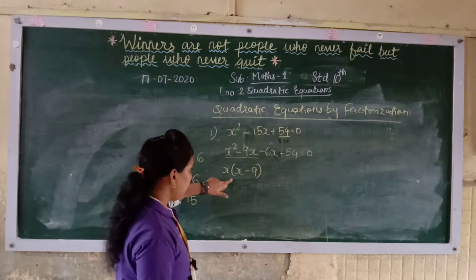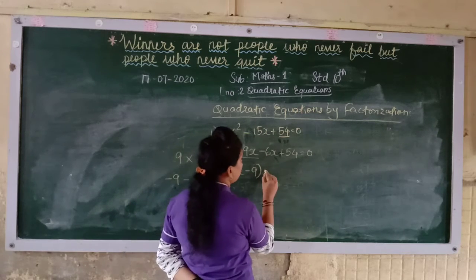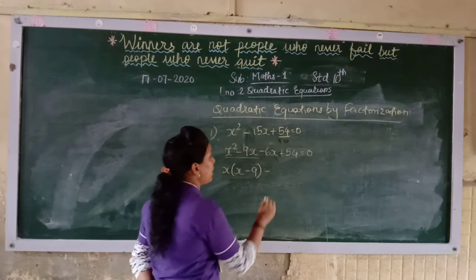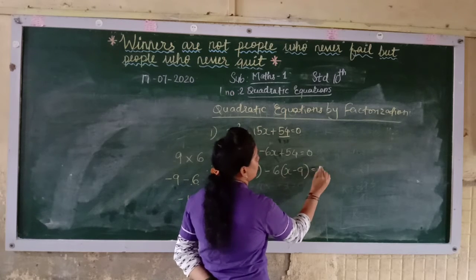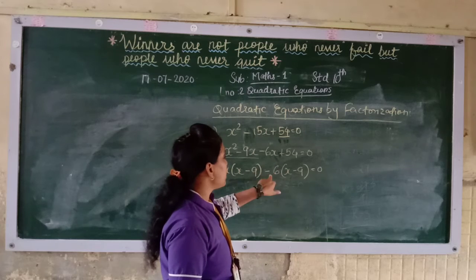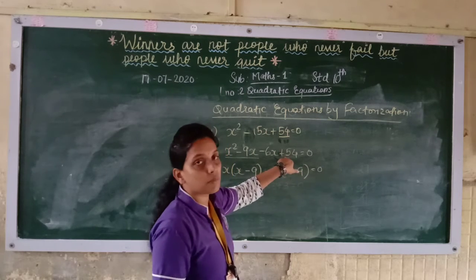Whatever bracket you are getting here, the same bracket you will get over here. So here if it is minus, you will have to take the minus sign common. Now 6 nines are 54, so take 6 common. Inside you will get x minus 9. Now open this bracket and see. Minus 6 into x is minus 6x, minus 6 into minus 9 will come as plus 54.